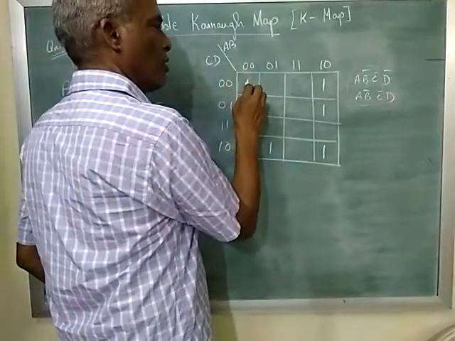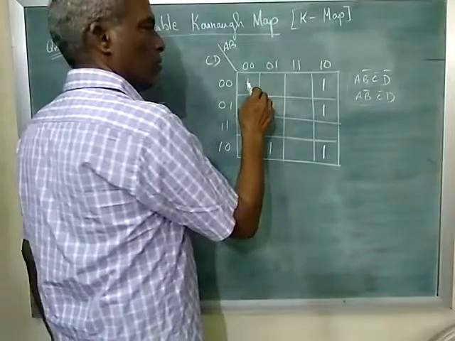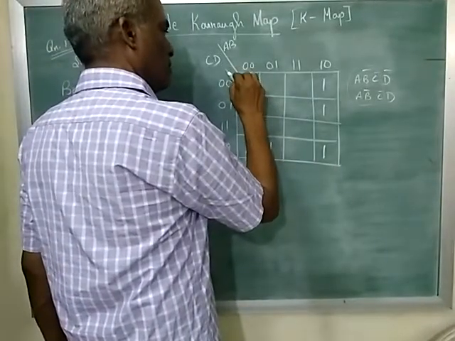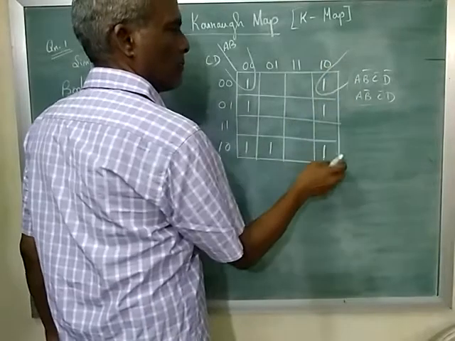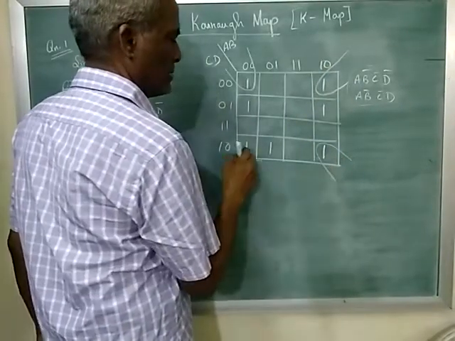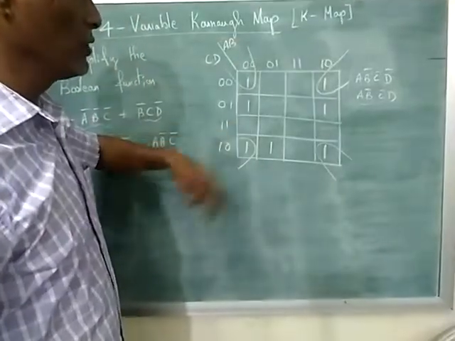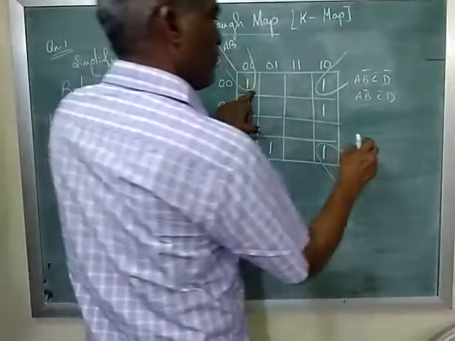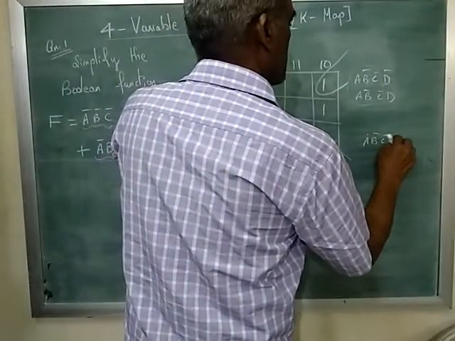If you see all the corner ones, this corner can be grouped. That means this term, this term, this term and this term can be grouped. So I'll write all the 4 terms. This will be A bar, B bar, C bar, D bar.